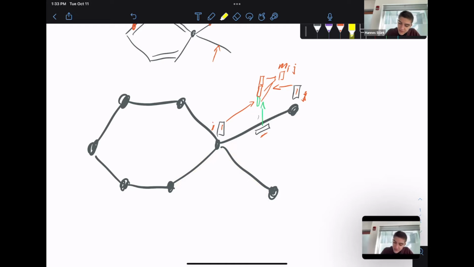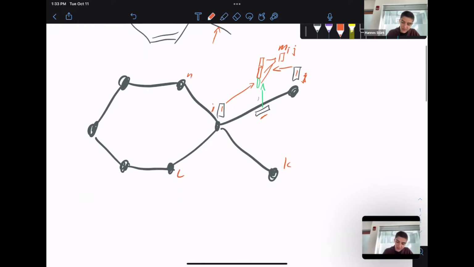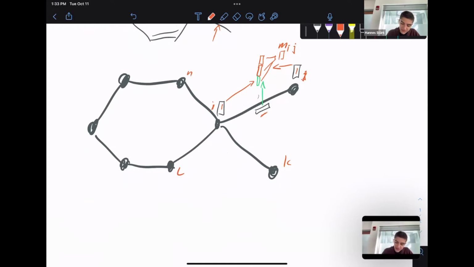So let's maybe call these nodes I, J, K, L, and N. Then to update the feature vector, let's call it Xi, of this node right here, we take the sum of all of the messages that we created with our neighbors.